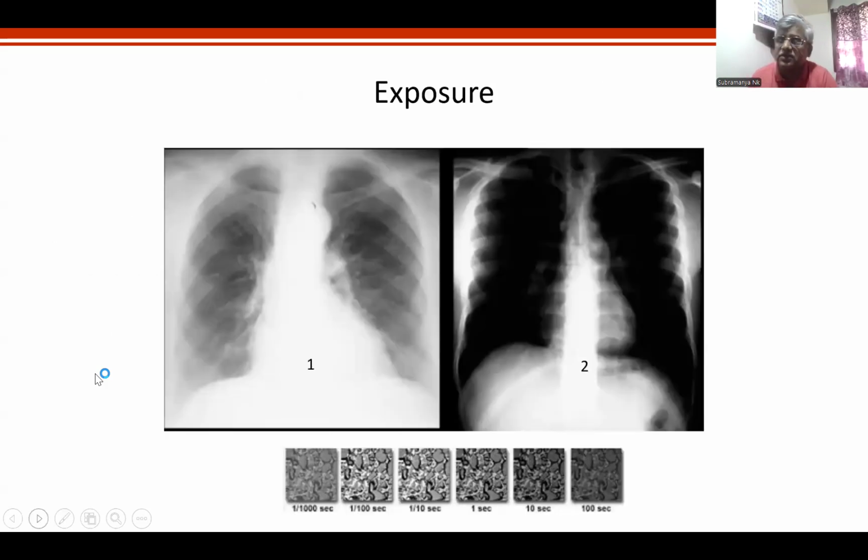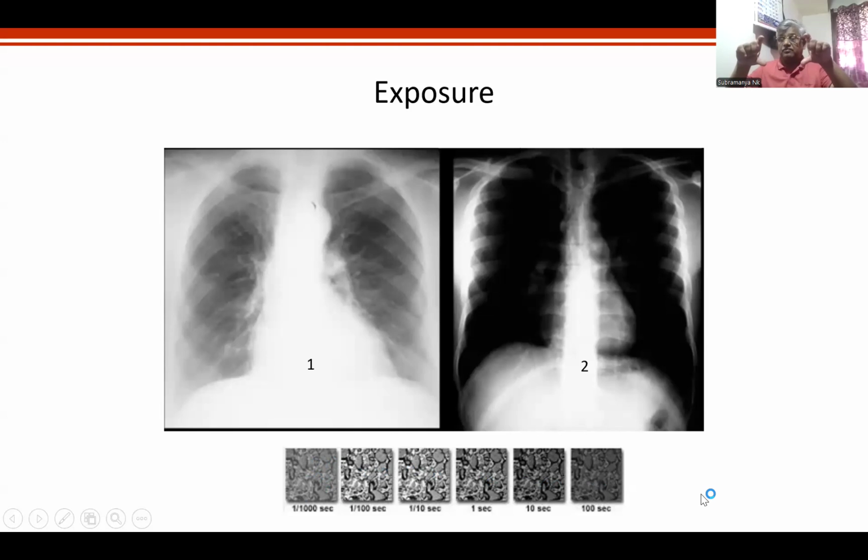Exposure. I don't want you to see film number 1 and 2, but see the boxes below. 1, 2, 3, 4, 5, 6. Now, 1/1000th of a second, if you take a photograph, this is how the photograph comes. 1/100th of a second, 1/10th of a second exposure, 1 second exposure, 10 seconds exposure, 100-second exposure in a photo.